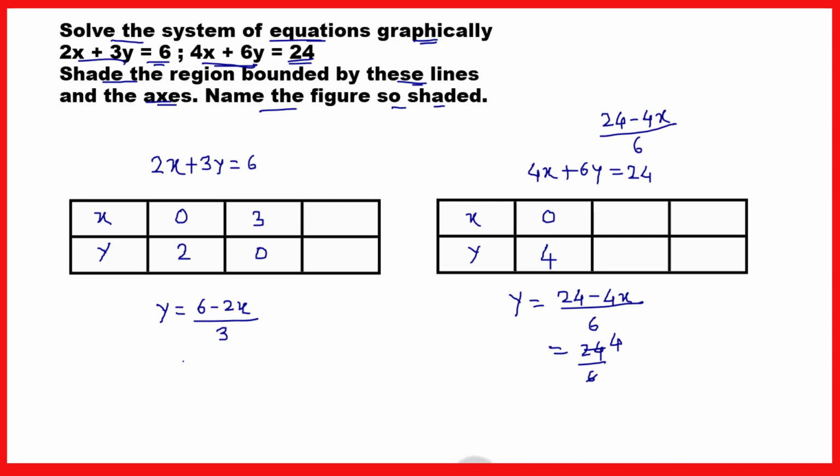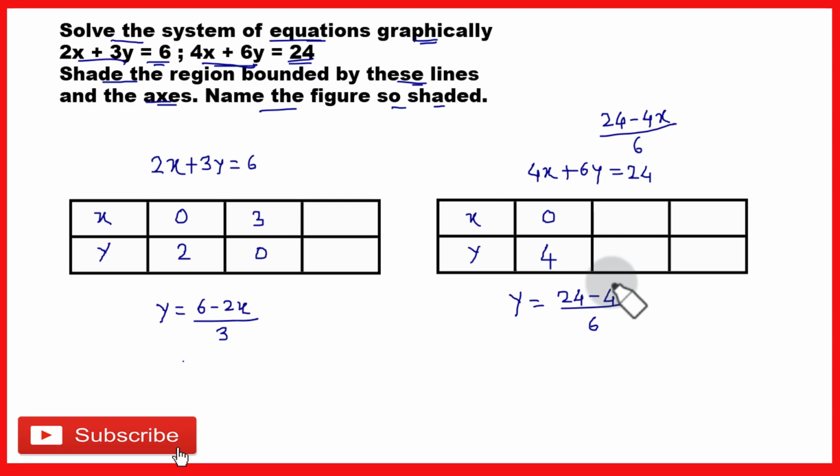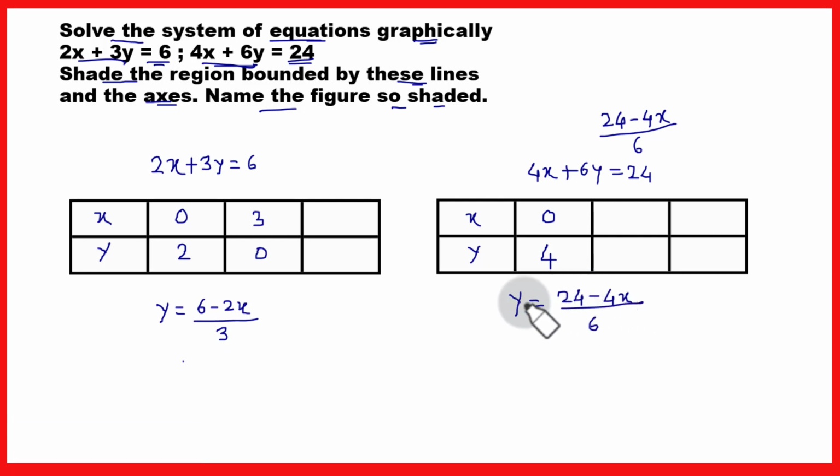And now we will take another value of x. If I take it as 6, 6 fours are 24, so 24 minus 24 will be 0, so the value of y will be 0. So if we take x as 6, then the value of y will be 0.